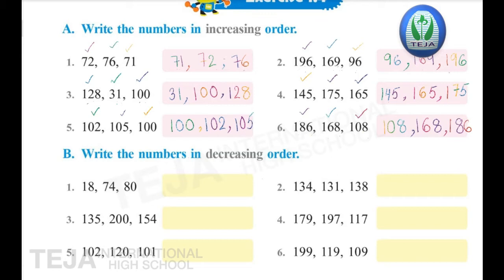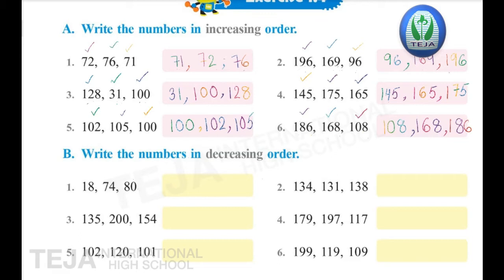Here the first question is 18, 74, 80. See here, 18, 74, 80. The numbers are arranged in increasing order from smaller to big. Small to big. Now reverse of it we have to write, that is from big to small.